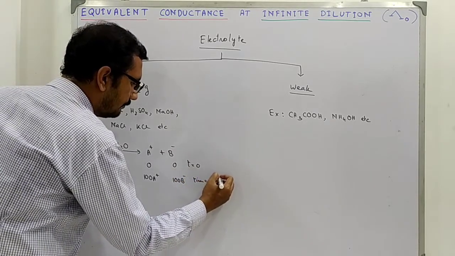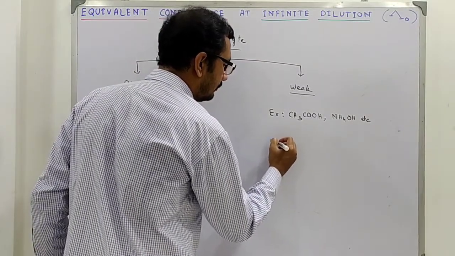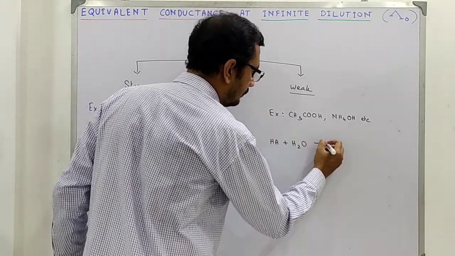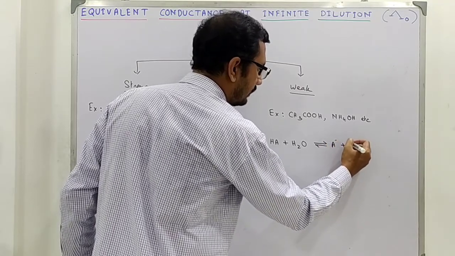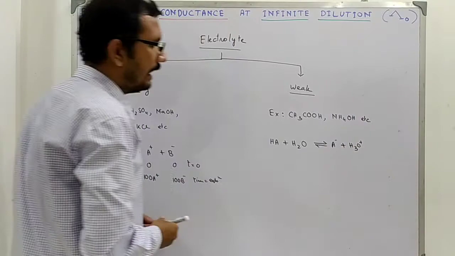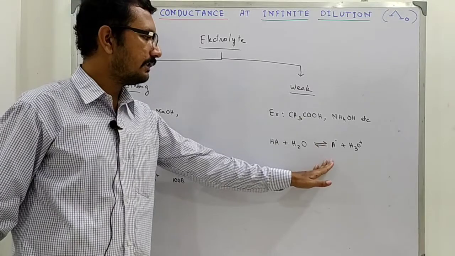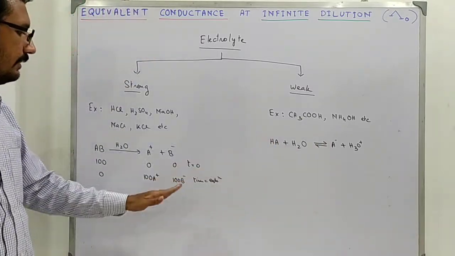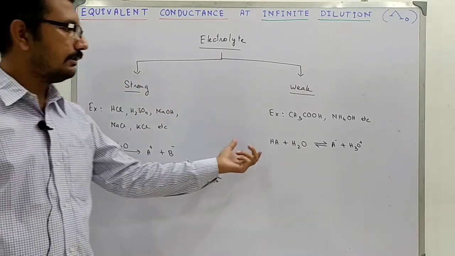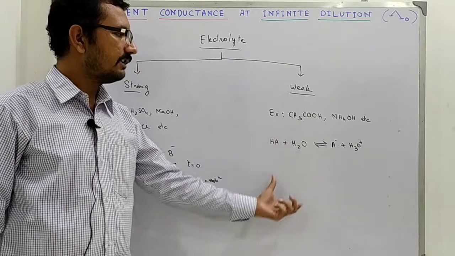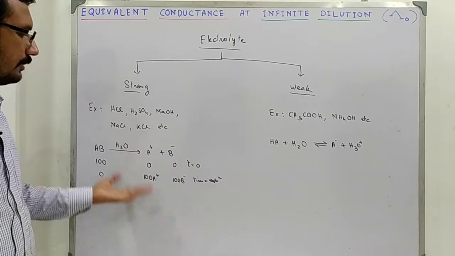Time equal to equilibrium. Here there will be a reversible reaction, and after attainment of equilibrium we will experience a certain percentage of dissociation rather than 100% dissociation, as is the phenomena with strong electrolytes. So, weak electrolytes do not dissociate completely, but strong electrolytes dissociate 100%.